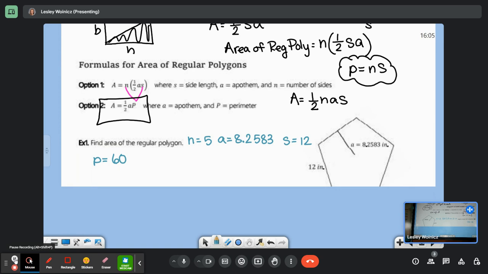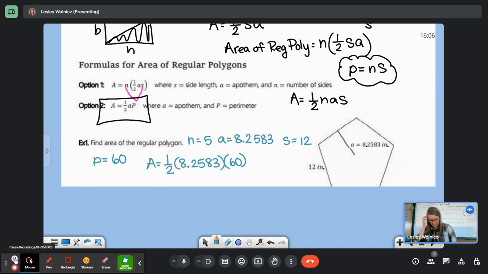Okay, so our area will be 1/2 times the apothem, 8.2583, times the perimeter, which is 60. All right, let's go to the hundredths place. What did I do on the other notes? I did the thousandths.